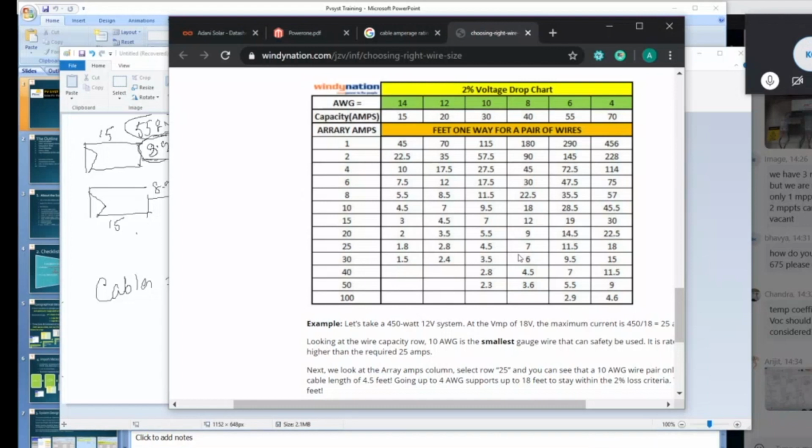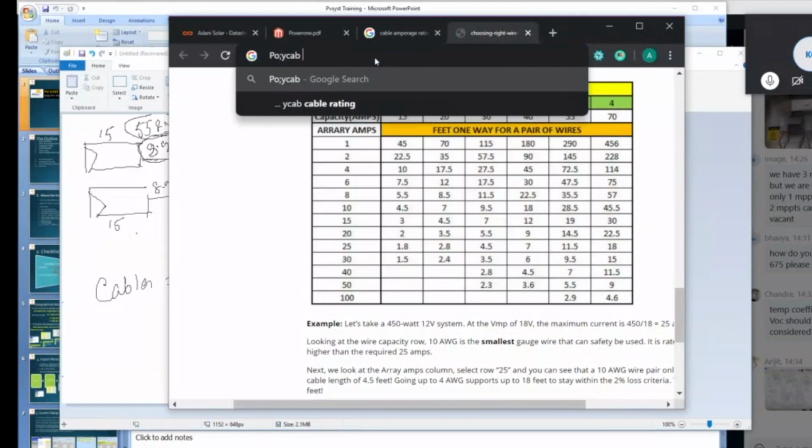The next part shows what the core or the square mm should be. If you are taking a 4 square mm gauge, the amperage current rating it can sustain is 10 from the chart. Rather, I'm showing a better chart. Just hold on.